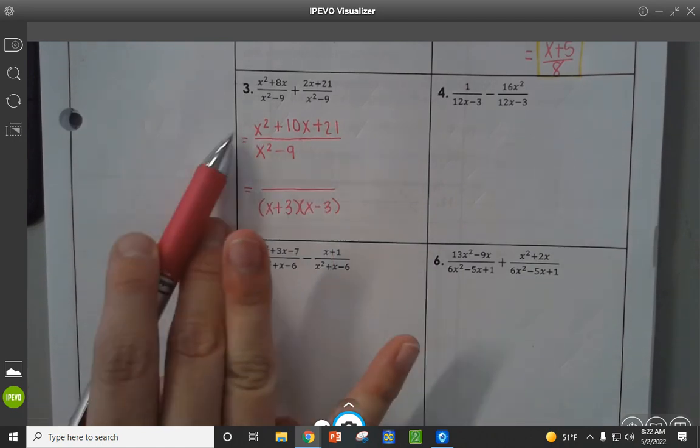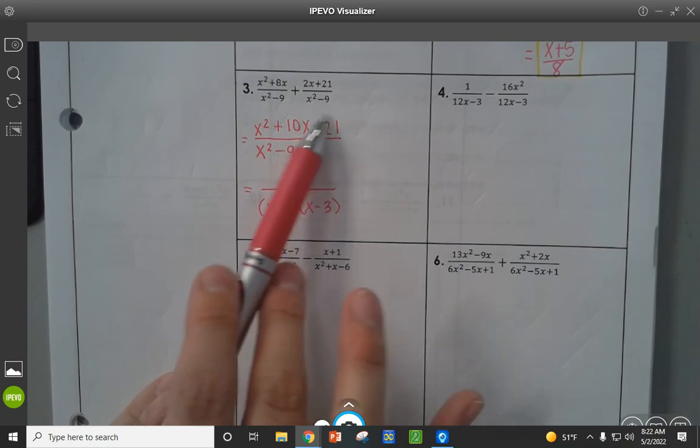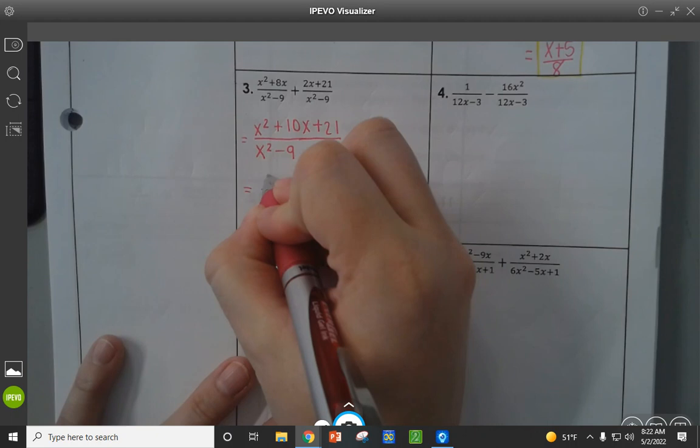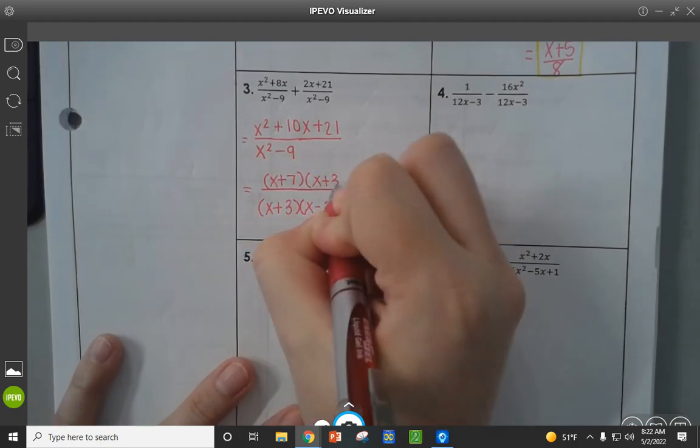The top, this is a trinomial, so you're looking for two numbers that multiply to be 21 and add to be 10. What are those two numbers? 7 and 3. So we have x plus 7, x plus 3.